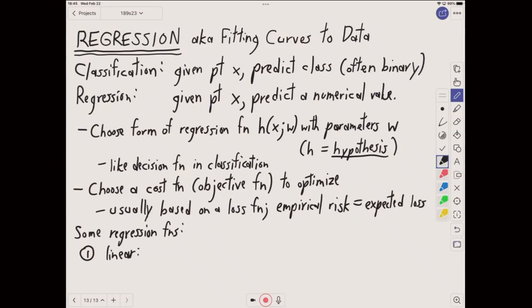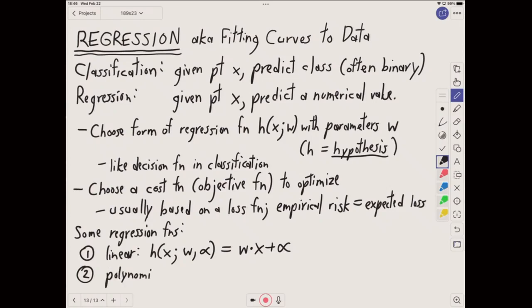Of course, the most famous form of regression is linear regression. And here our weights are some weight vector w plus a bias term alpha. And so the hypothesis will just be w dot x plus alpha, which looks a lot like the decision function we use in a lot of linear classifiers. But now we want the actual value of that function rather than just the classification.